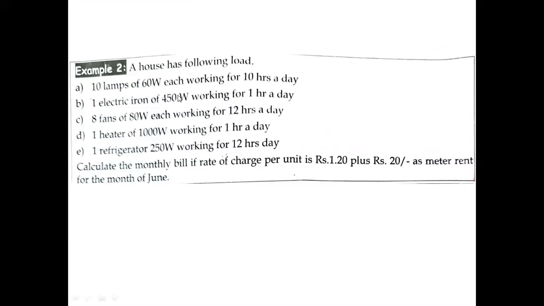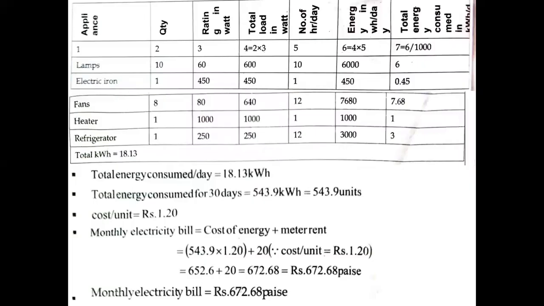Next, one electric iron, 450 watts. 1 into 450 into 1 hour a day. So that is 450 watts. Total load is 450 watts per hour, by 1000 gives a kilowatt hour. 450 by 1000, so 0.45.